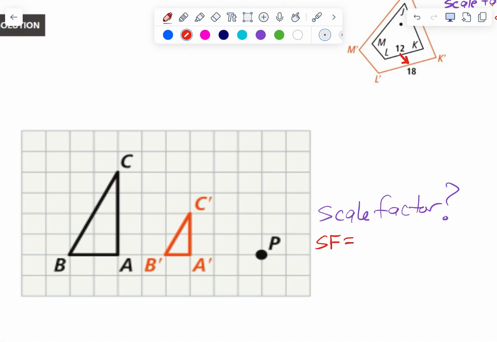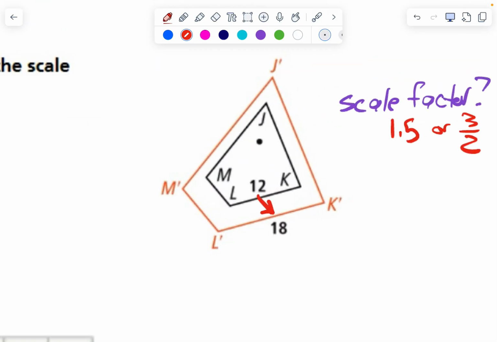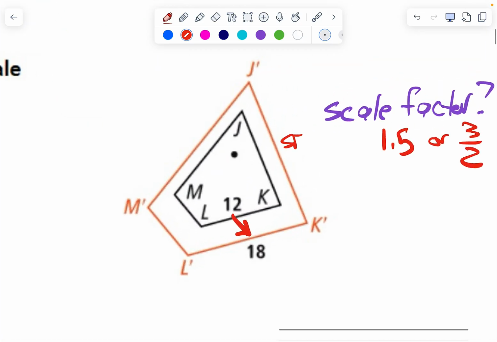Go ahead and say. 1/2, right? So the new length is 1 and the original length was 2. So just 1/2. We could have done that up here too, actually. I should have. So new is 18 and the original or old is 12. So 1.5.